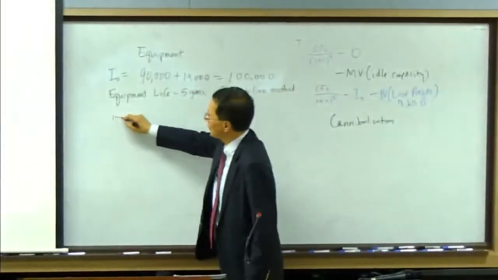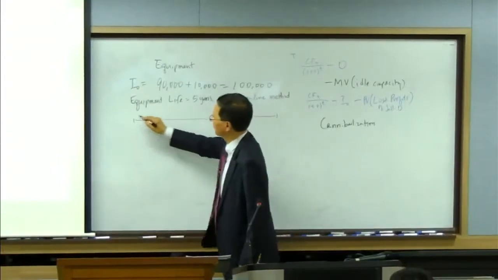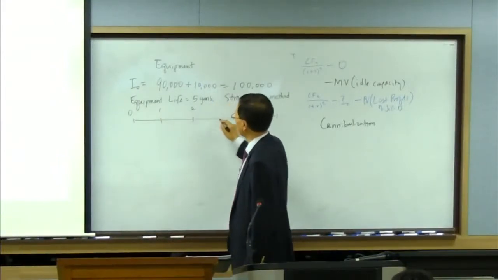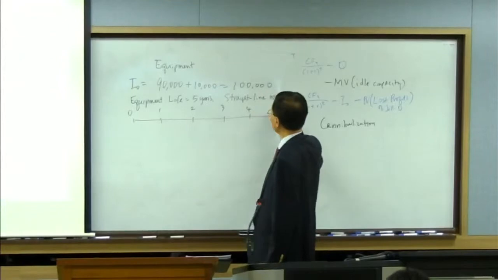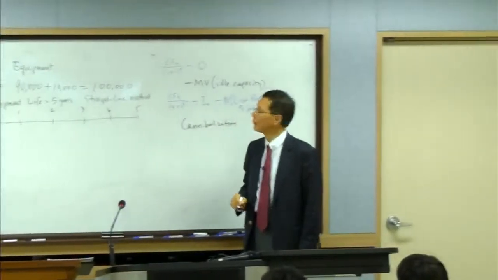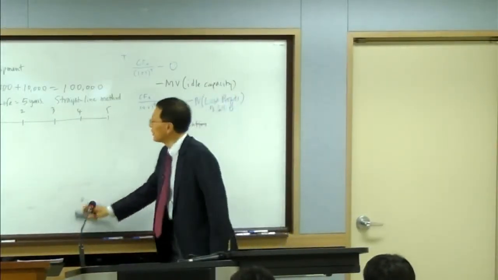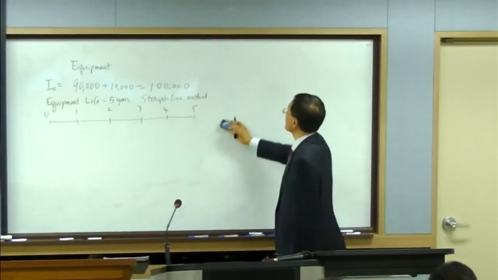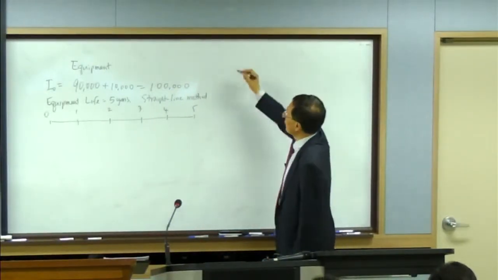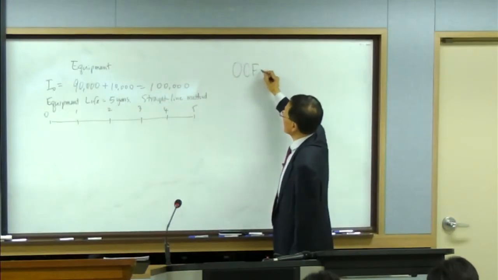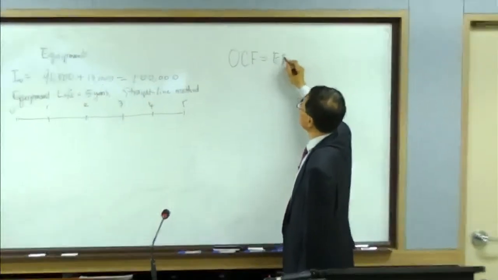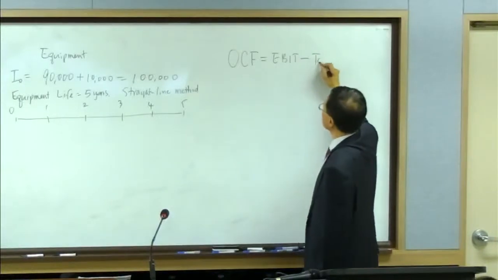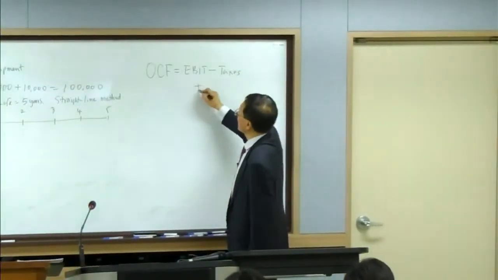So during the 5-year period, we are going to find depreciation so that we can actually find operating cash flow, which is EBIT minus taxes plus depreciation.